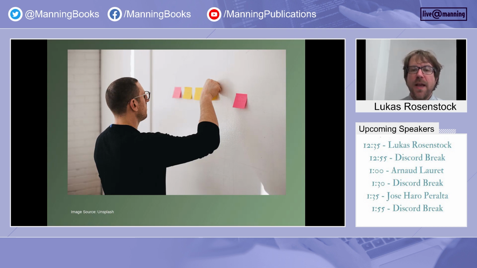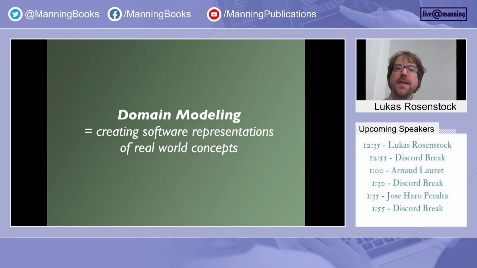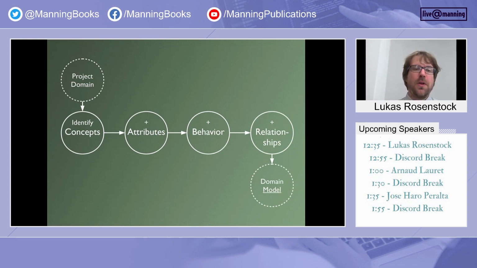To create your API design, in the first step, you don't even need OpenAPI, you don't even need a computer. You can also do that on a whiteboard. And what you do is a process called domain modeling. And the idea behind domain modeling is that you create software representations of concepts in the real world. So you look at the domain of your project, and then you identify the concepts or the nouns that you have there.